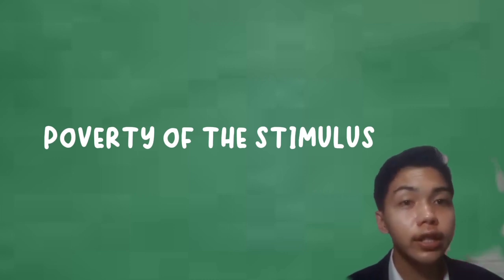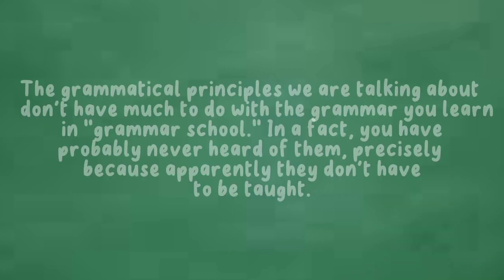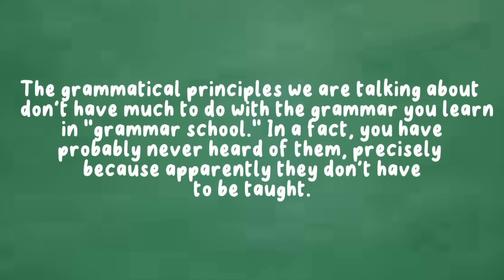People don't have to learn a lot of what they know about these principles. The grammatical principles we are talking about don't have much to do with the grammar you learn in grammar school. In fact, you have probably never heard of them, precisely because apparently they don't have to be taught.